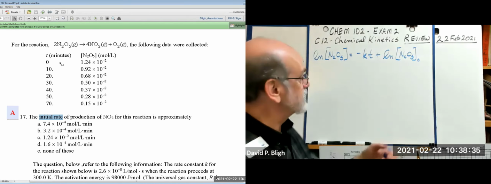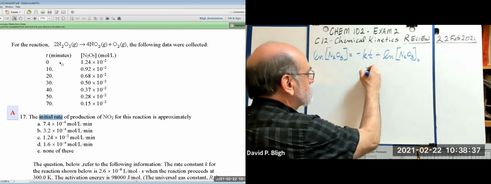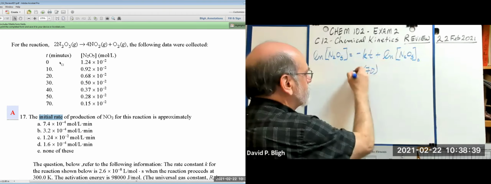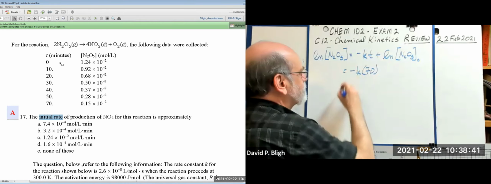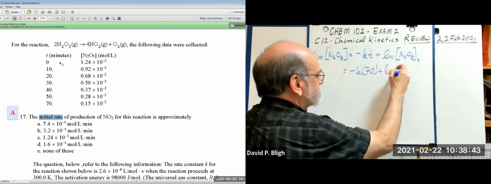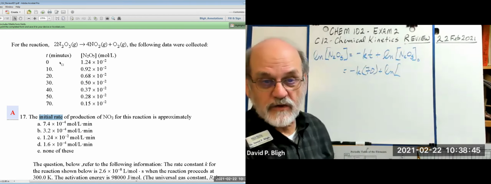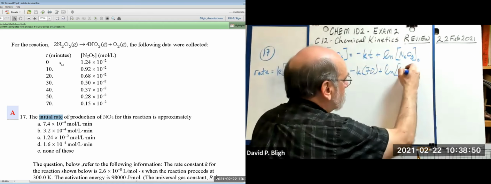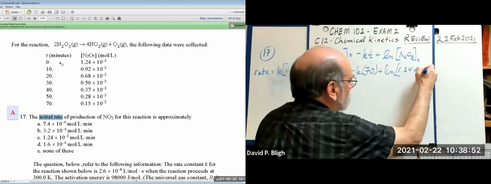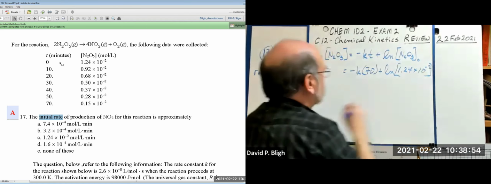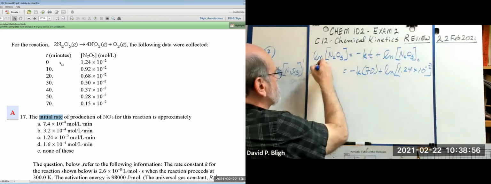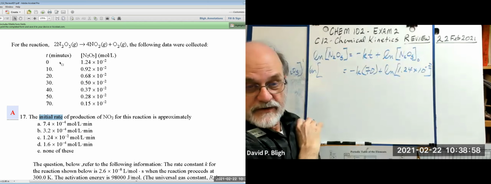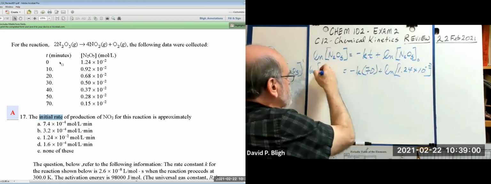So over 70 minutes, the initial concentration was 1.24 times 10 to the minus 2, and the final concentration was 0.15 times 10 to the minus 2.